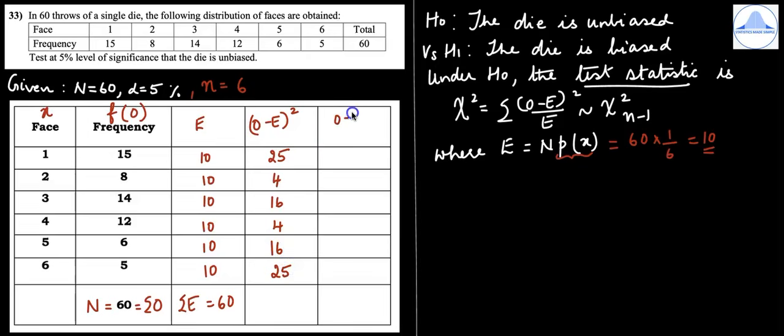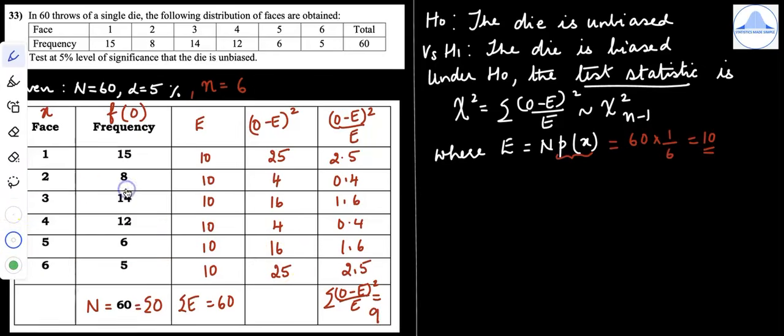Now the last column you need to form is O minus E whole square divided by E, which is 25 divided by 10 is 2.5. Next is 0.4, 1.6, 0.4, 1.6 and 2.5. So summation O minus E whole square by E is equal to, when you add up these values, you will get 9.